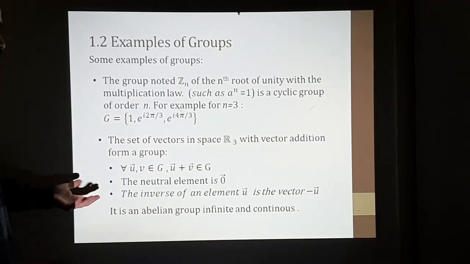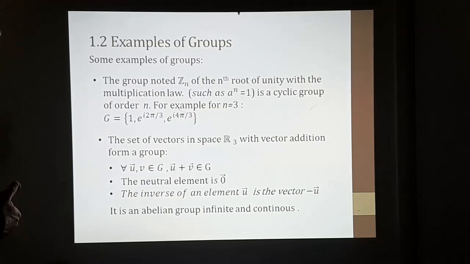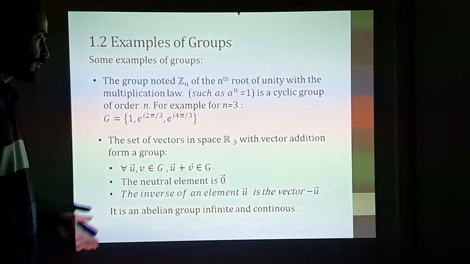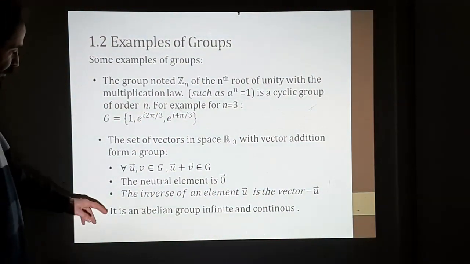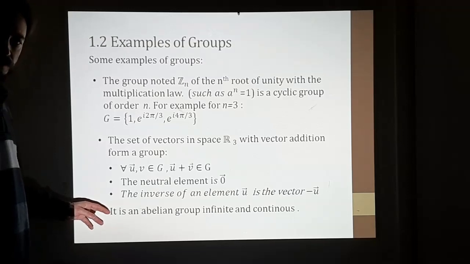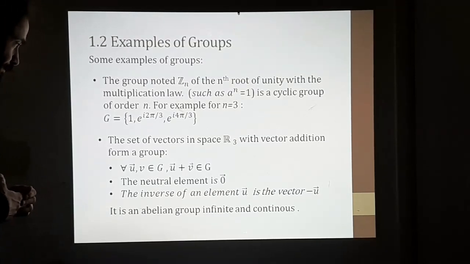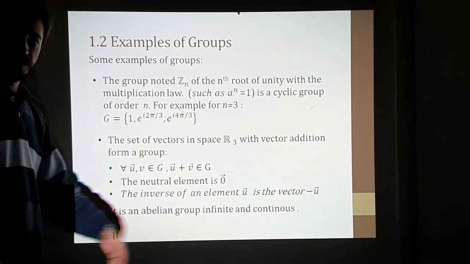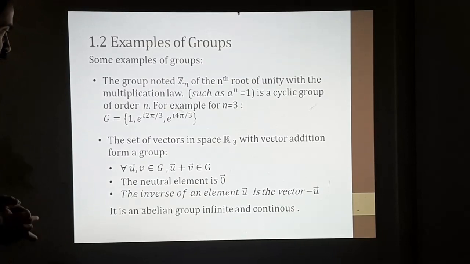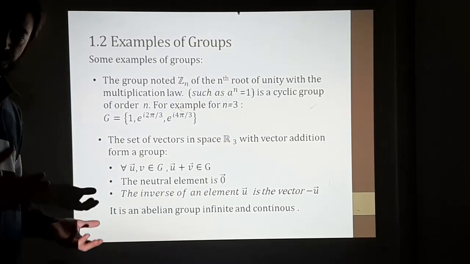And the inverse of an element, in this case, is minus this vector, so u minus u is equal to 0, the neutral element. This is an abelian group because u plus v is equal to v plus u. And it's infinite because we have an infinite number of vectors, and continuous because the vector can take any value.